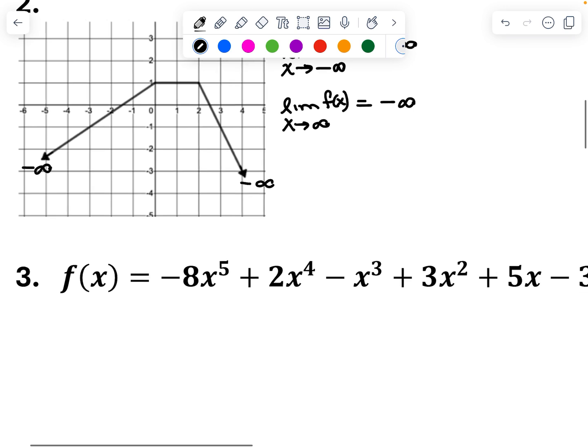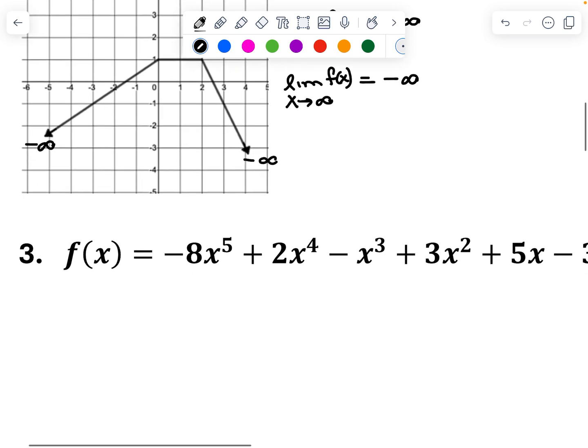Okay, when we don't have a picture, the only thing we want to look at is, when it's in standard form, the highest power and the sign. And we have an odd power, so that tells me that the ends have to be going in different directions.